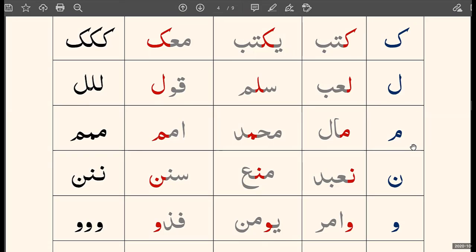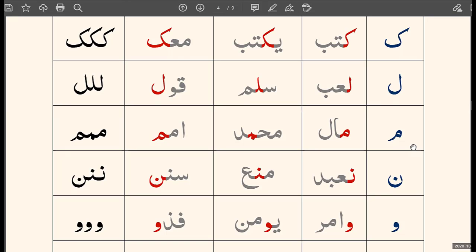Where do I have to read, please? This, meme. Okay. Mim. Alif. Lam. Mim. Ha. Dal. In between, there's Alif, another letter.